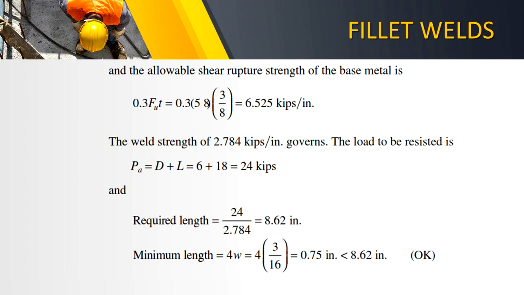The load to be resisted is Pa equals D plus L, which is 24 kips, and the required length is 24 divided by 2.784, which equals 8.62 inches. For the minimum length, 4W equals 0.75 inches, which is less than 8.62 inches, which is okay.